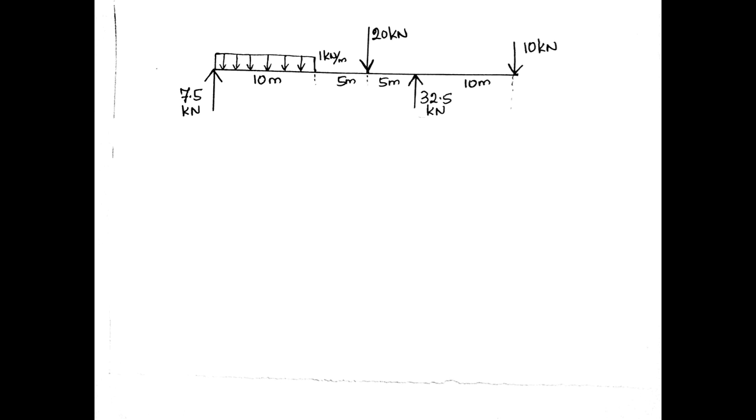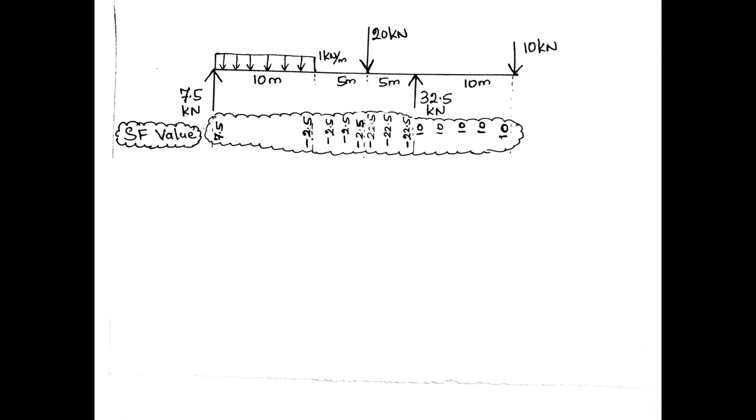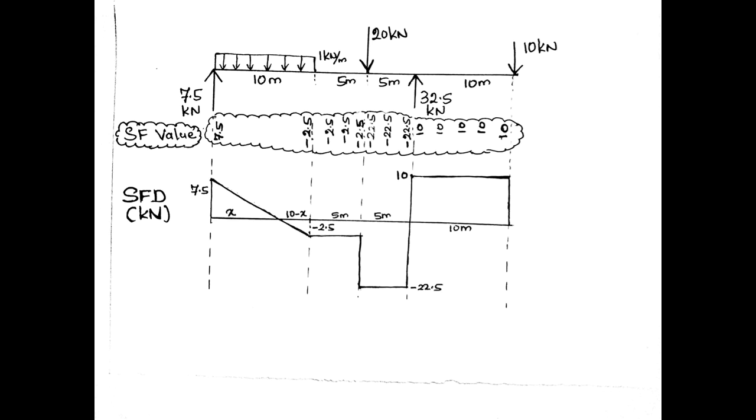Now draw the shear force diagram of the beam. These are the shear force values from the previous slides. Okay, this is the shear force diagram. Here shear force value 7.5. Here minus 2.5.